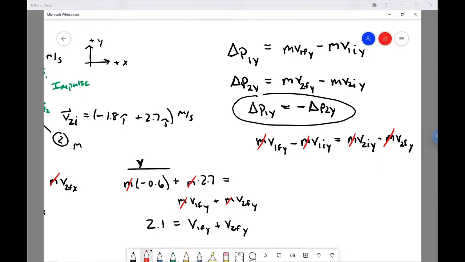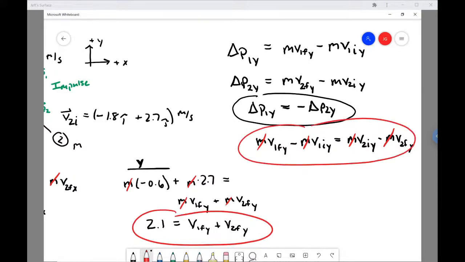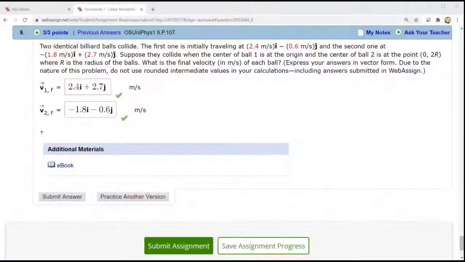Now you have two equations with two unknowns, and because v1 initial and v2 initial are known, you can solve for the two unknowns, and you will get this answer that we just found, that the y velocities switch direction.